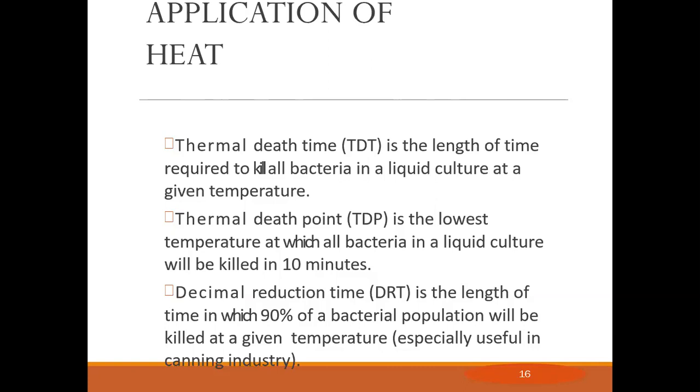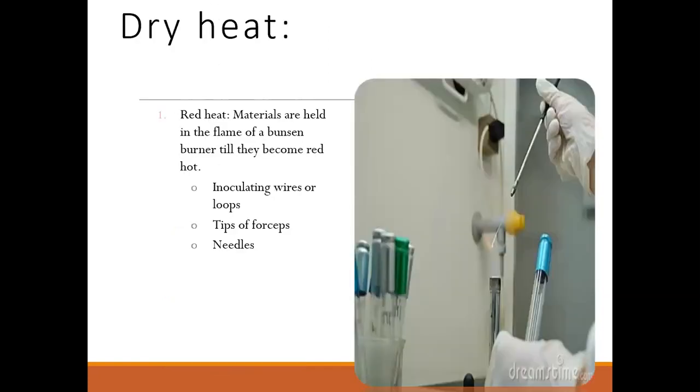Decimal reduction time is the length of time in which 90% of a bacterial population will be killed at a given temperature, especially useful in the canning industry.